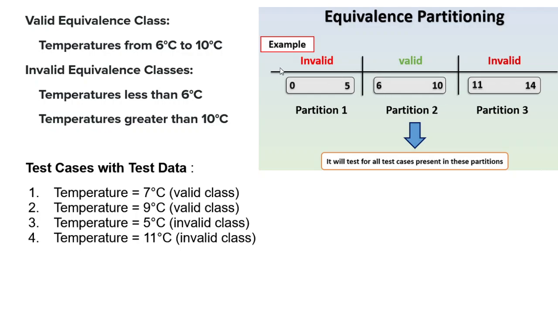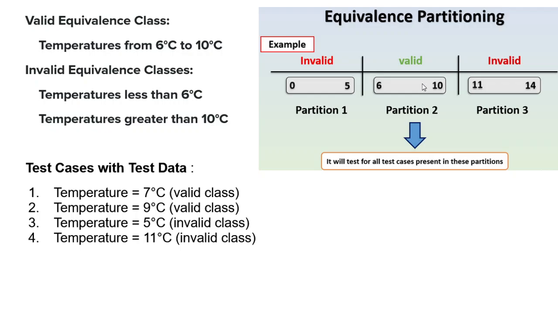Below 6, there is another partition. So below 6 are all invalid classes. Whatever value you enter below 6 would be considered a negative test input, because it is from an invalid class. Our device is going to handle only between 6 to 10. That is one class which we have created for values below 6, that is again an invalid class.